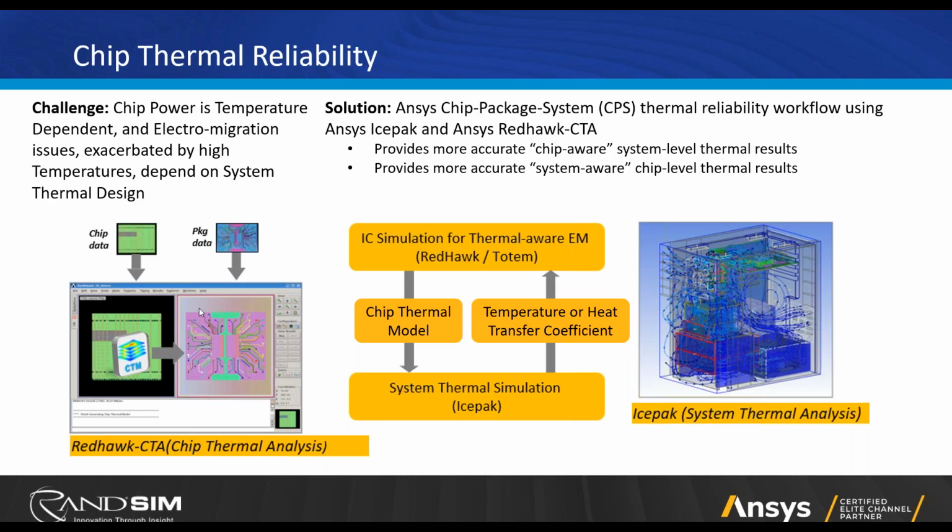That semiconductor is temperature dependent, and RedHawk can take in temperature information. So you can get a better picture of how your chip would be performing thermally within this design cycle. You would do your electrical simulation first and export a model, simulate in IcePak, and then get more accurate temperature information here.